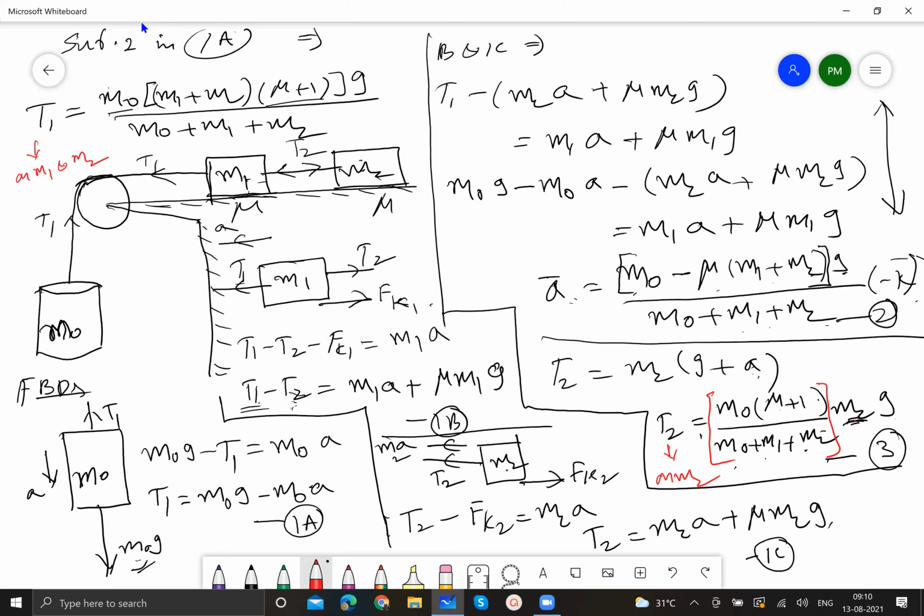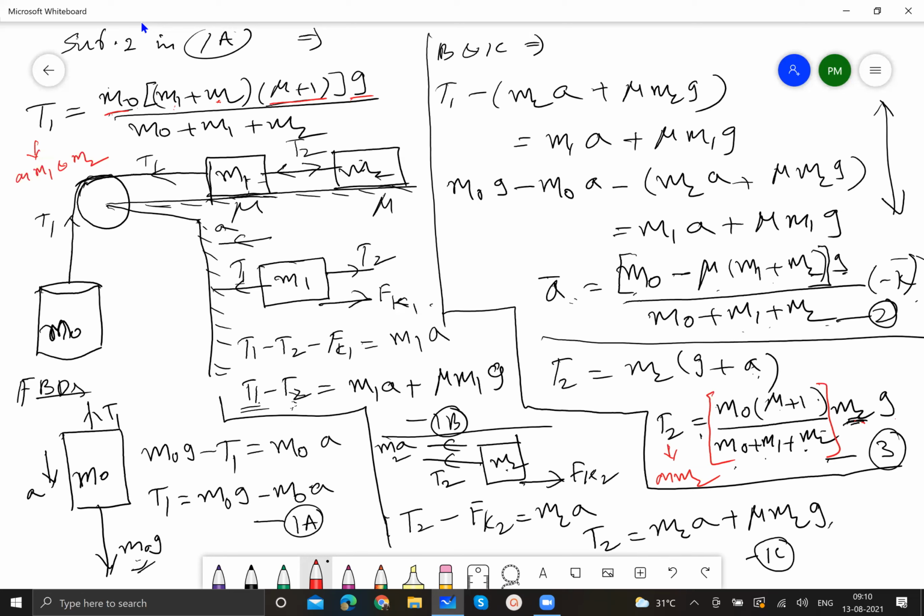So this M naught into mu plus 1 into G is common. In place of M2, the additional thing we got is M1 plus M2 because T1 is acting on M1 and M2. I should not tell such things because that may misguide you to solve similar problems. But still, this is the way in which you have to think of logic.